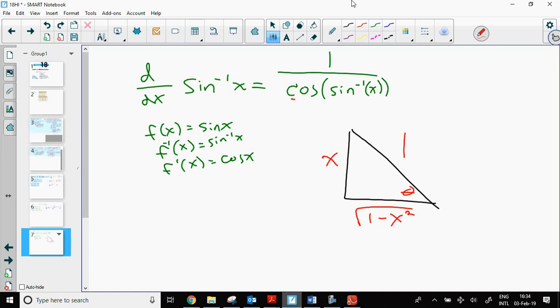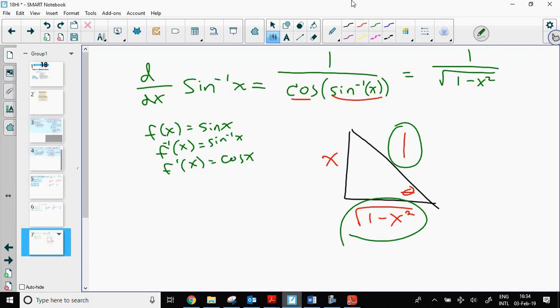Therefore, the cosine of that angle who has a sine of x is going to be the square root of 1 minus x squared over 1, leaving us with 1 over the square root of 1 minus x squared.